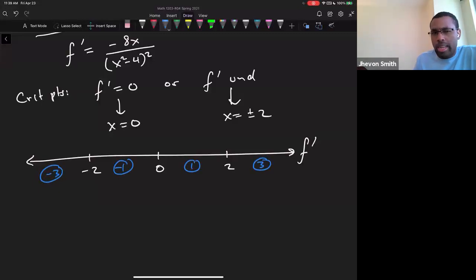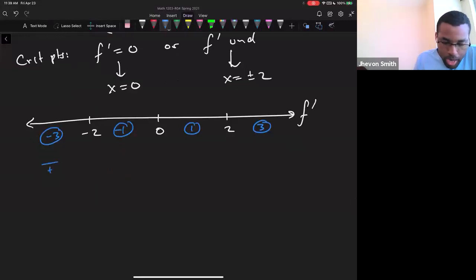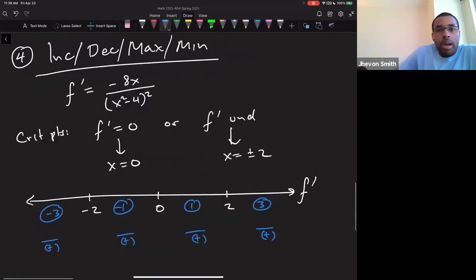I want you to notice that in the derivative, we have a square in the denominator, which means as long as it's not 0, it is going to be positive. So I know I'm always going to be dividing by a positive here. So I only have to look at the numerator to see how this thing is going to behave. If I plug in a negative number into minus 8x, I would get a positive number.